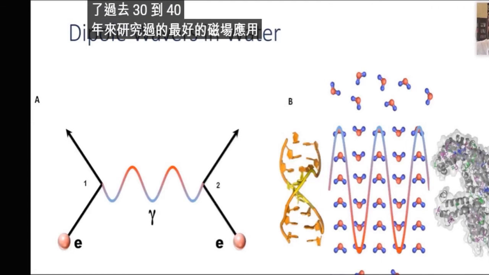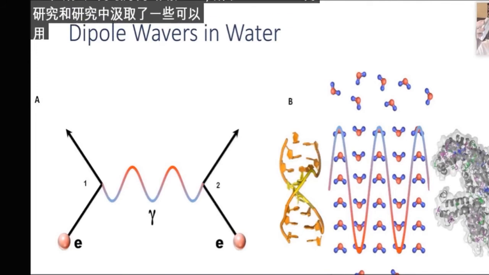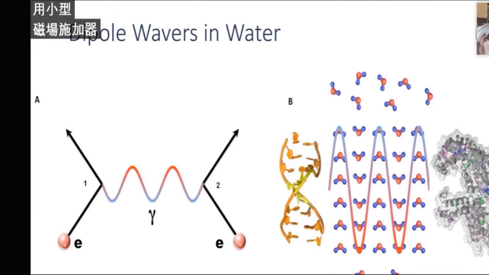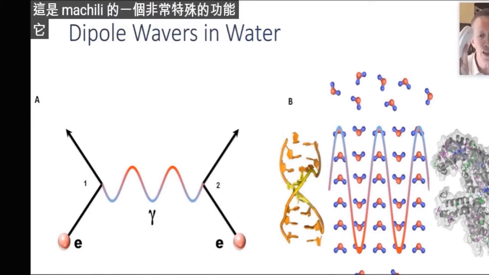So we have taken from a lot of research and studies what can be applied with a small magnetic field applicator, which creates a dynamic magnetic field up to 12.5 megahertz. This is 12.5 times the frequency range which the Healy has. This is a very special feature of the MEG Healy.